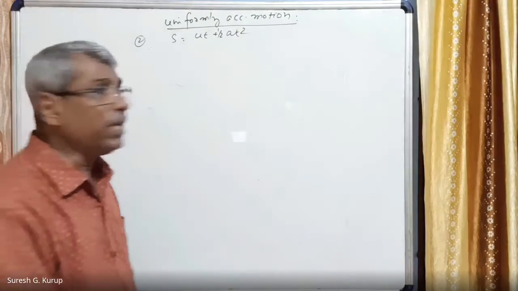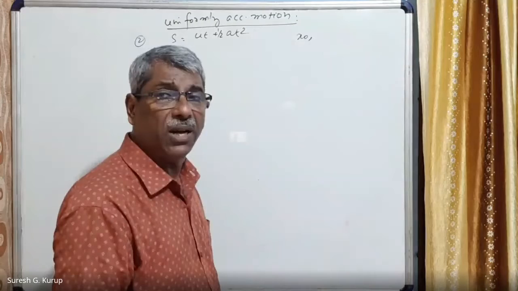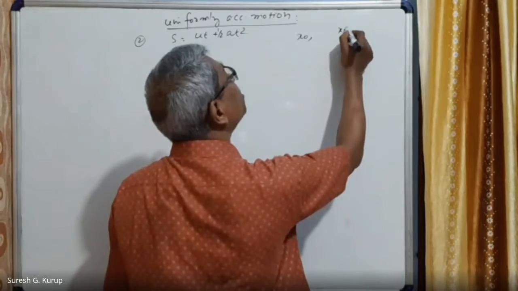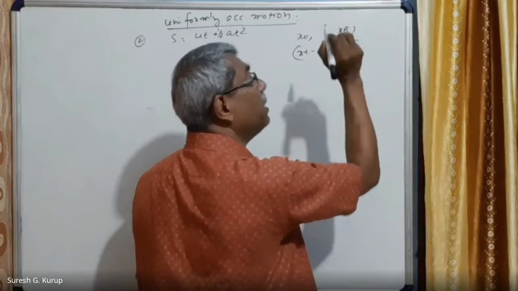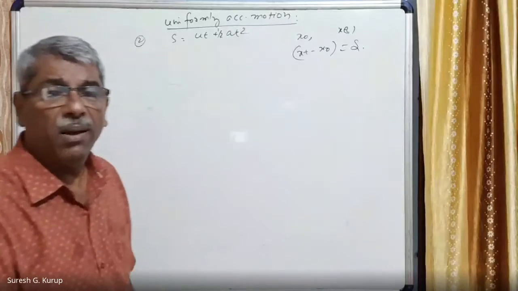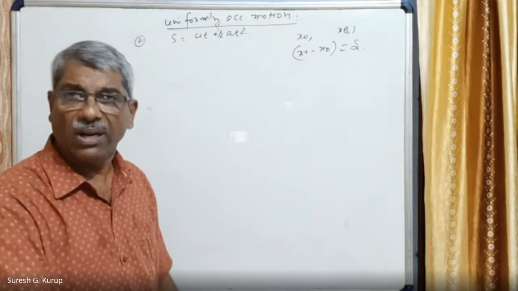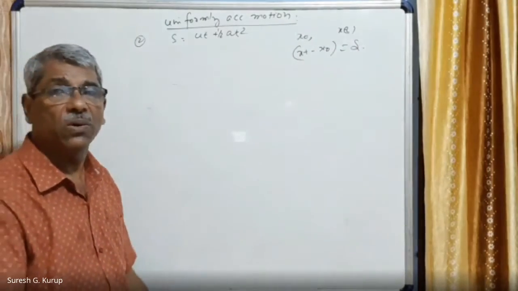If x0 is the initial position of the body, and after t seconds the body reaches the position xt, then xt minus x0 is equal to displacement. Final position minus initial position is equal to displacement, right? So this you must also know.